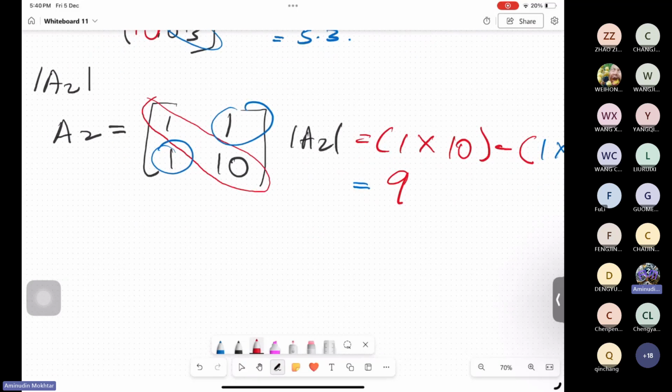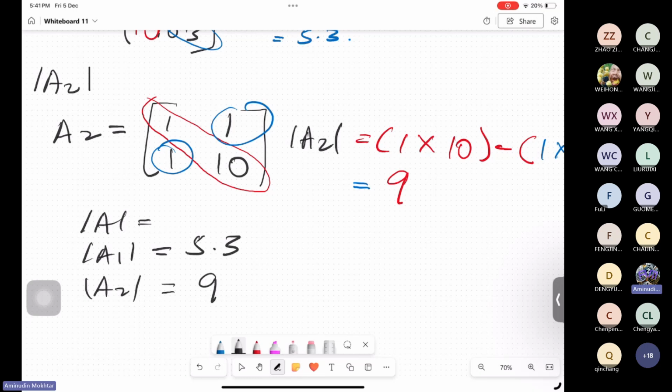Okay, in summary, these three numbers are very important: determinant of A, determinant of A1, and determinant of A2 for Cramer's rule. Determinant of A2 is 9, A1 is 5.3, and A is 0.8.